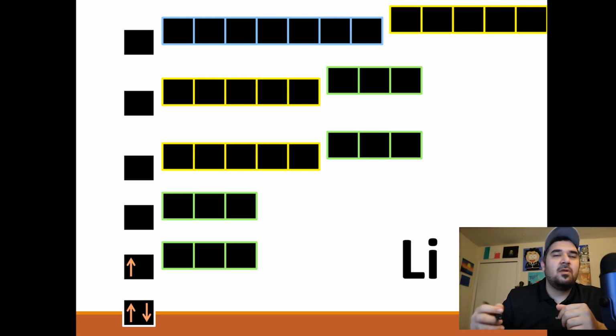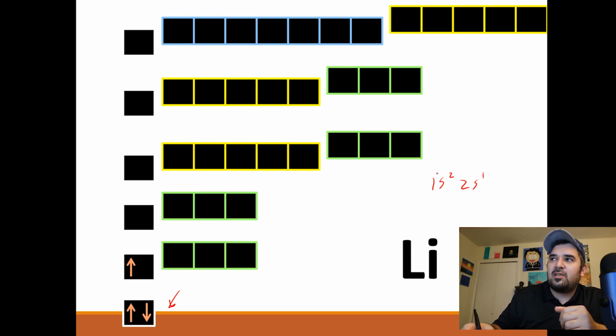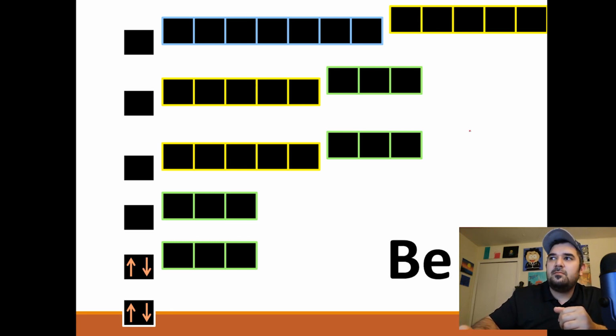Then we have lithium. So with lithium, first we have to fill the first block. So we got 1s2 and then 2s1. So basically 2 electrons in the first box, 1 electron in the second box. Beryllium is going to be 1s2 and then 2s2.